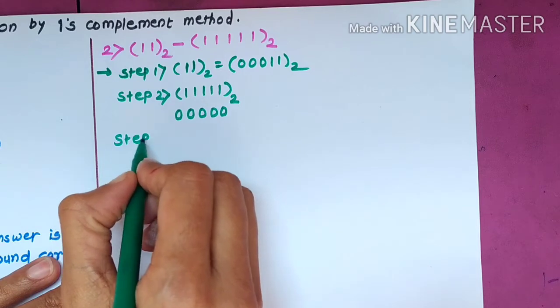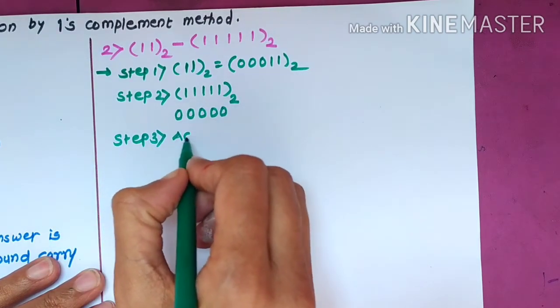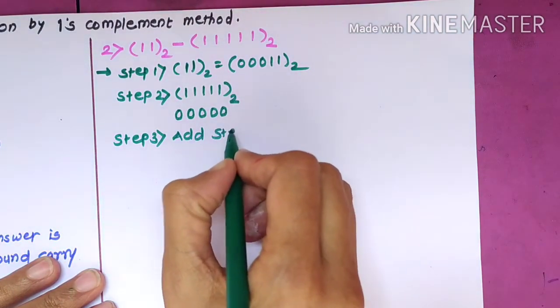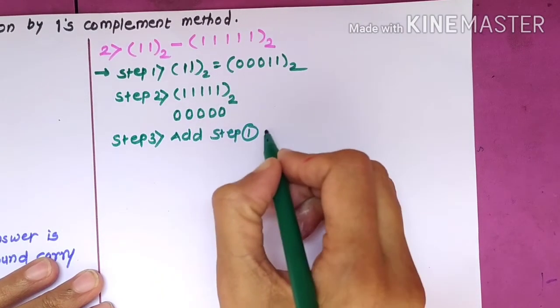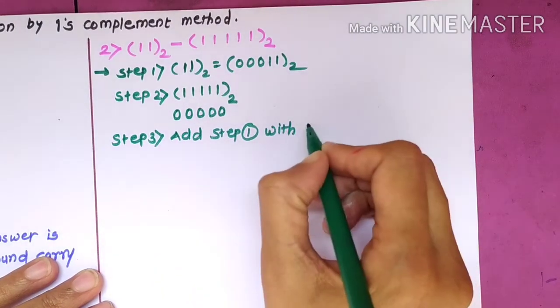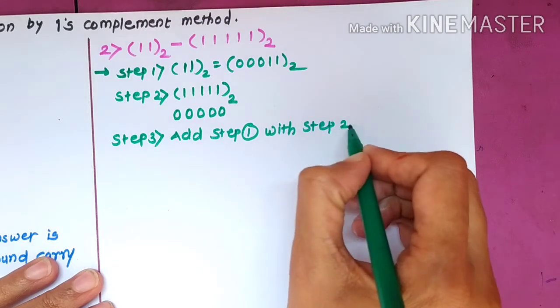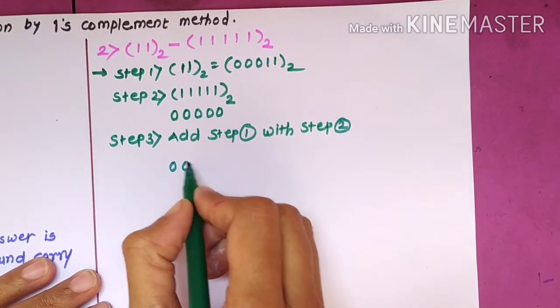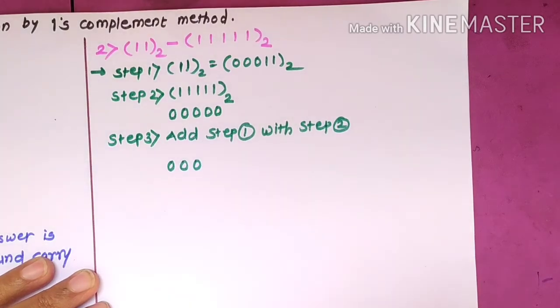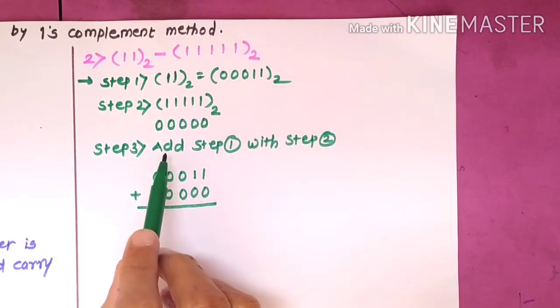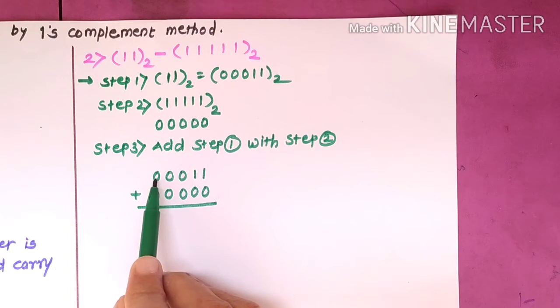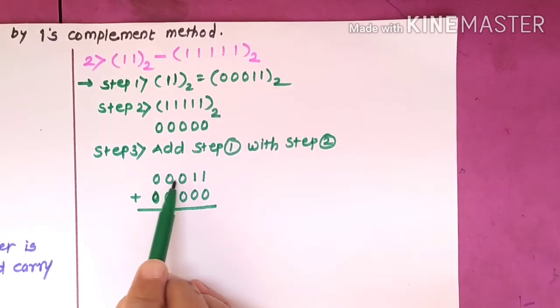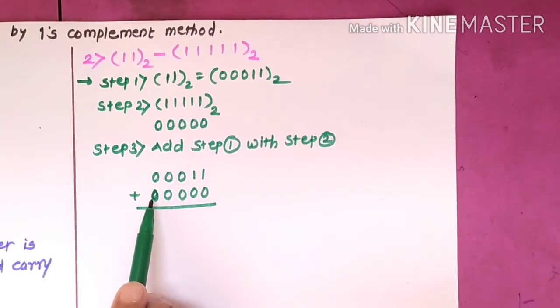What is step 3? Add step 1 with step 2. What do we get? In step 1 we have 0, 0, 0, 1, 1, and in step 2 0, 0, 0, 0, 0.